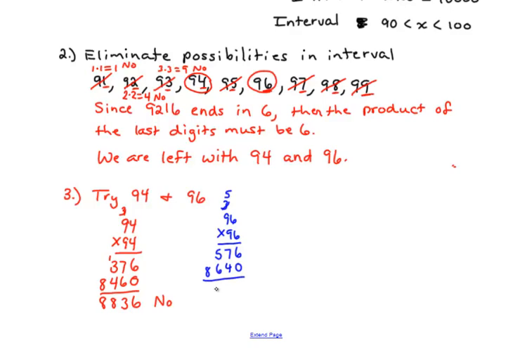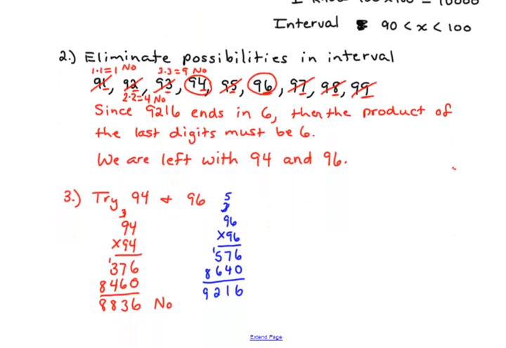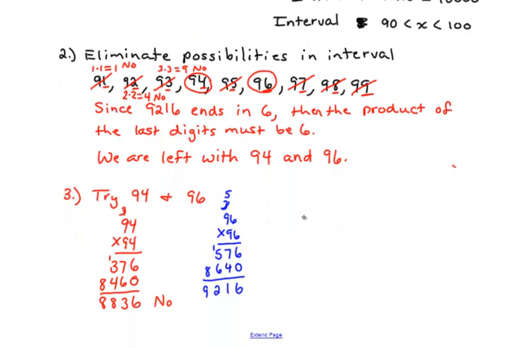And when I add those together, I get 6, 11, carry the 1, 12, I get 9,216. And 9,216 is the answer. So the square root of 9,216 is equal to 96.